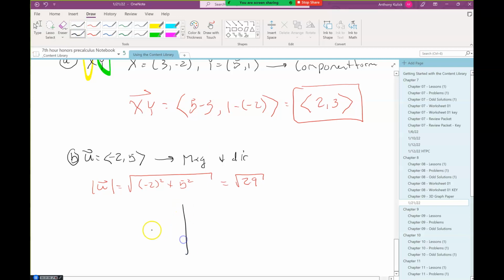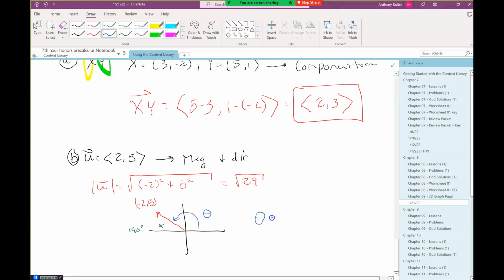Okay. The direction then, go ahead and plot the point negative 2, 5 to draw my vector. Then I'm going to be looking for this angle for the direction. So I'll draw my alpha. The other arm of my alpha is this 180.